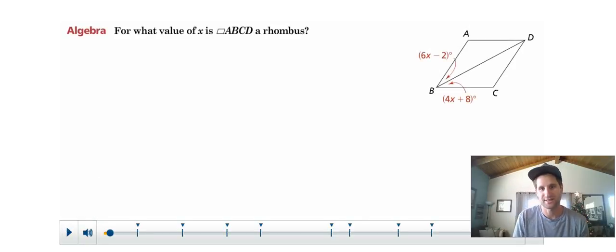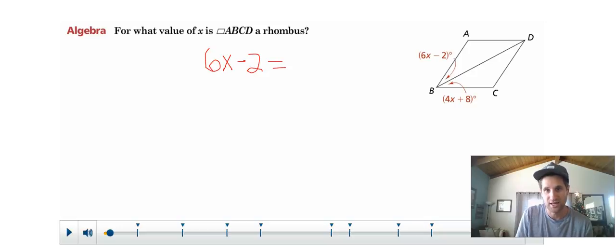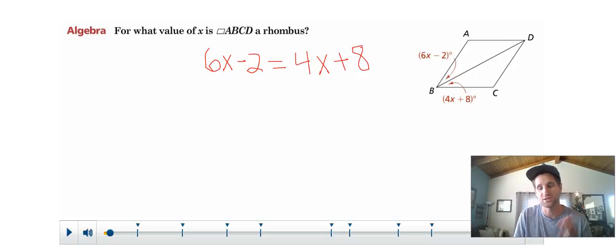For what value of x is ABCD a rhombus? If this is a rhombus, these two would have to be congruent. So we're going to take 6x minus 2 and set it equal to 4x plus 8. If these are equal to each other, we know it's a rhombus, because that means this diagonal bisected this angle and these two are congruent. So go ahead and solve.